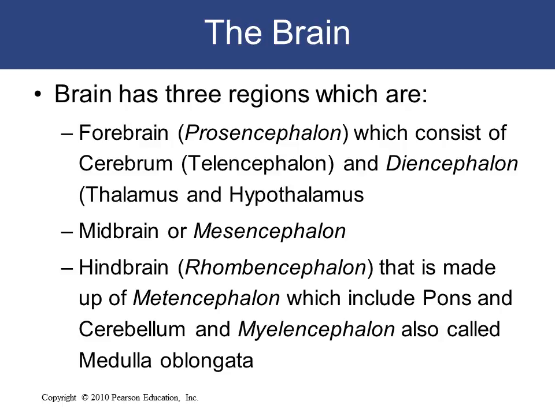The forebrain has two, the cerebrum and the diencephalon. The midbrain is one, which is still the midbrain, and the hindbrain is made up of three, which are the pons, cerebellum, and medulla oblongata.